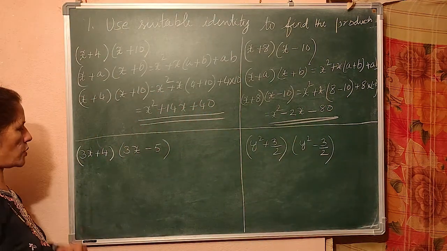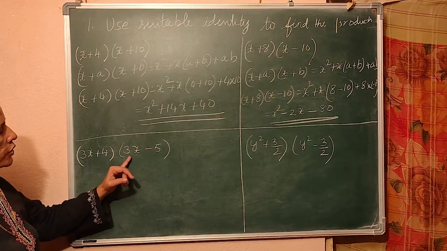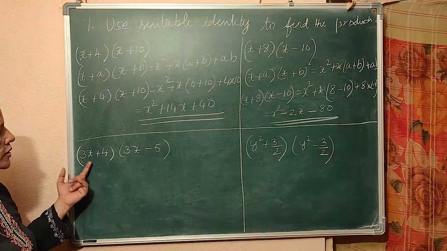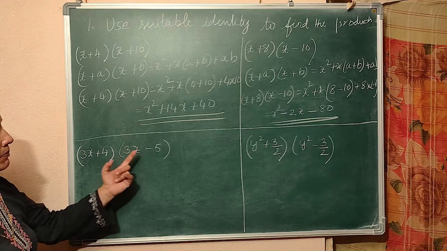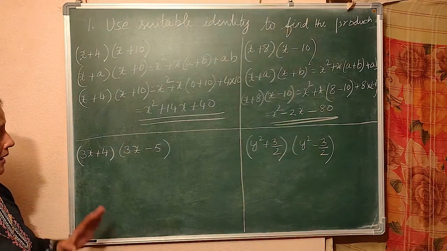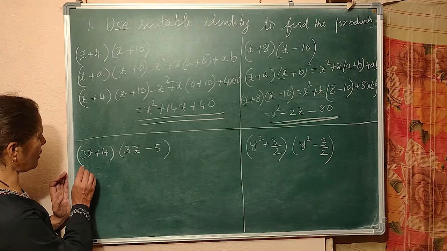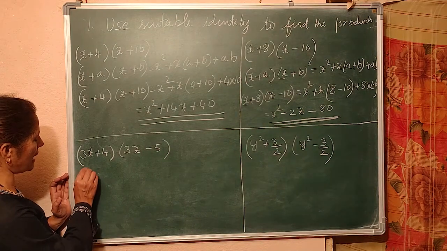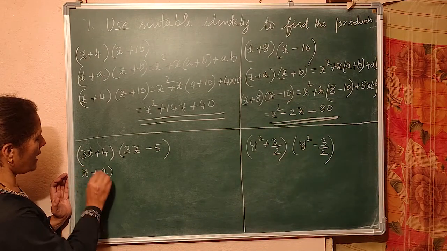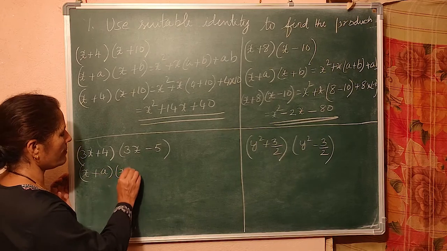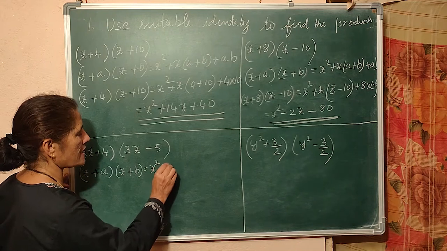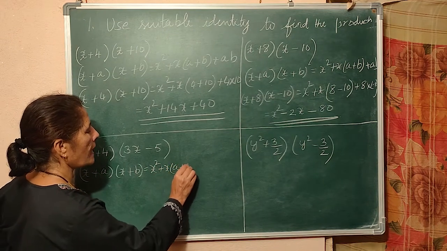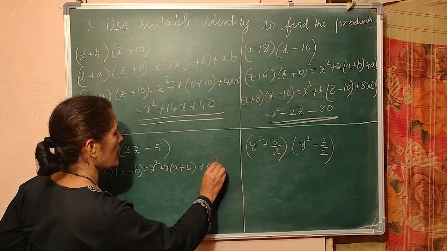Now let us go to the next one: (3x + 4)(3x - 5). It is also the same type, (x + a)(x + b), with minus 5 in the place of b. Am I right? So I can make use of the same identity. (x + a)(x + b) is equal to x square plus x into (a + b) plus ab.